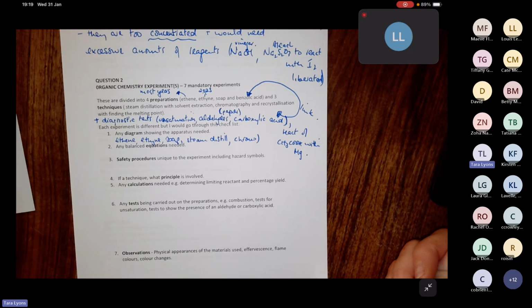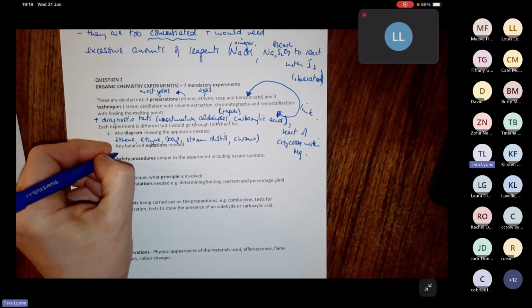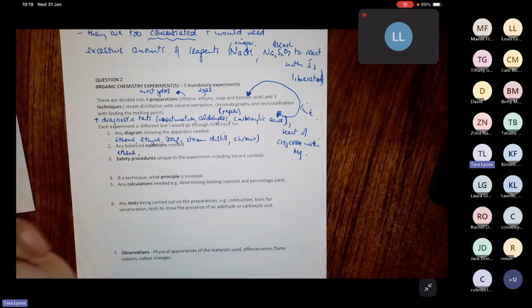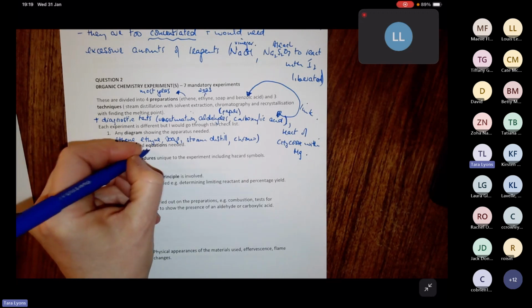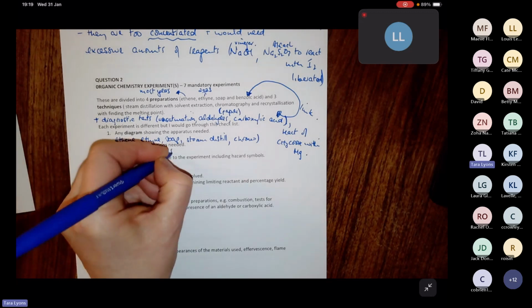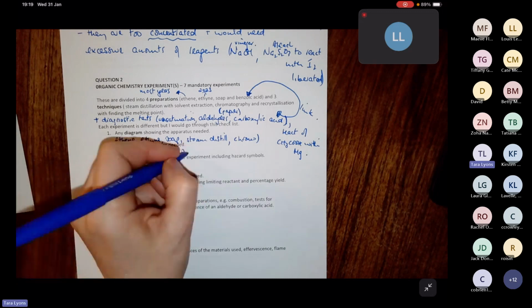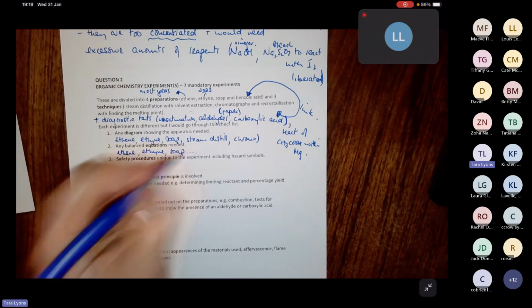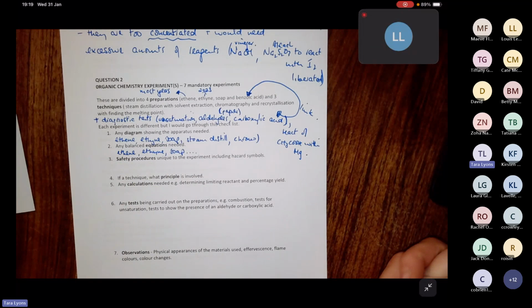The ones most likely, though, are the ethene, ethyne, and soap, to be honest with you. Any balanced equations that are needed. So you need equations to show the preparation of ethene, the preparation of ethyne, preparation of soap, and the preparation of benzoic acid. The equation is quite complicated, so I don't see them asking you that.